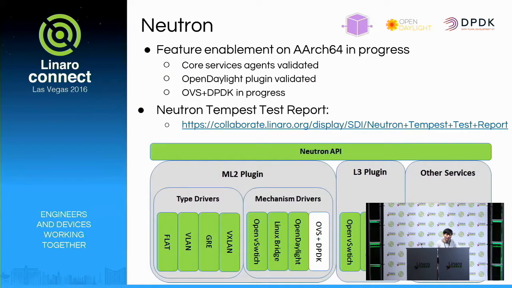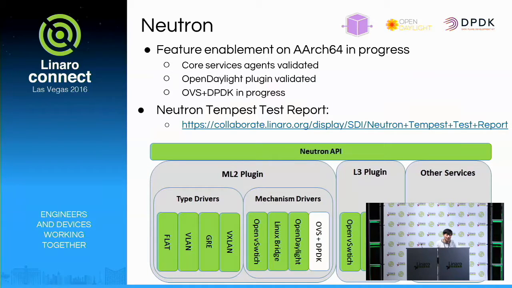For feature enablement, the core service and the agents are all validated on Aarch64. The OpenDaylight plugin is also validated. But Open vSwitch plus DPDK is still in progress.